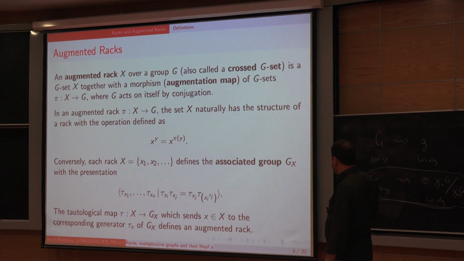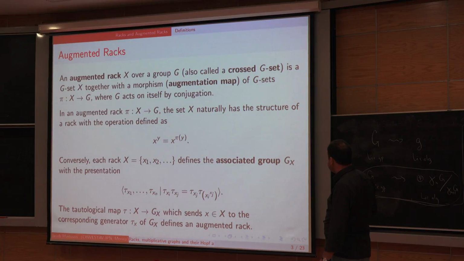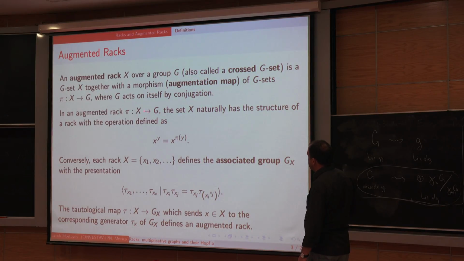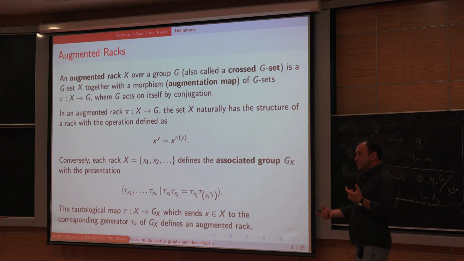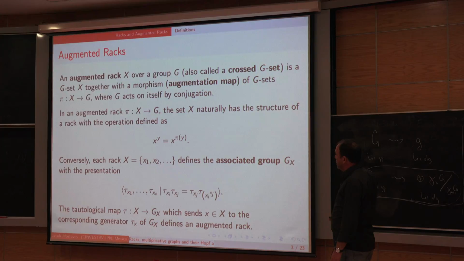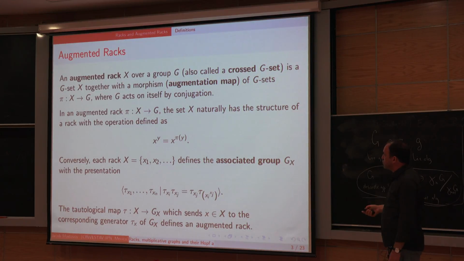So if you have an augmented rack X, then you have a structure of a usual rack on X. So how do we conjugate one element with the other? We just project one of these elements into G, and then conjugate with this element of G.